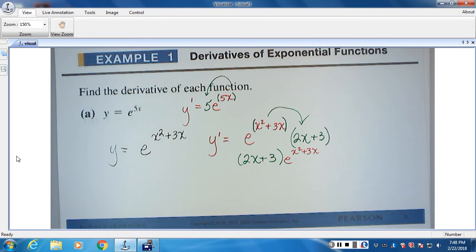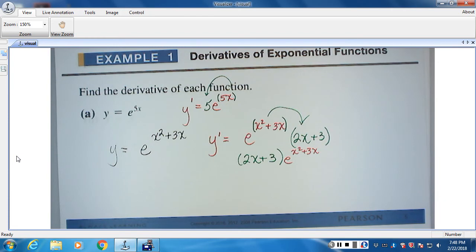You could write it those different ways and they'd still be correct. You could try multiplying it out and say it's 2x e to the x squared plus 3x plus 3 times e to the x squared plus 3x, but that's just more trouble. I wouldn't simplify it out. I would just leave it in those two pieces.